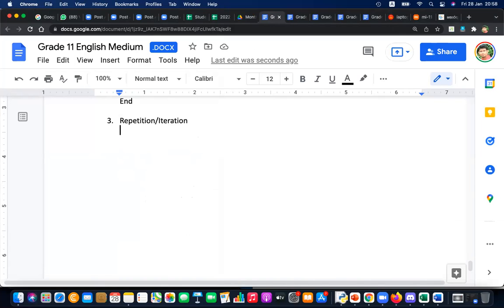Under repetition, iteration, please write: if the same instruction set is repeated based on a condition, we call that the repetition control structure.